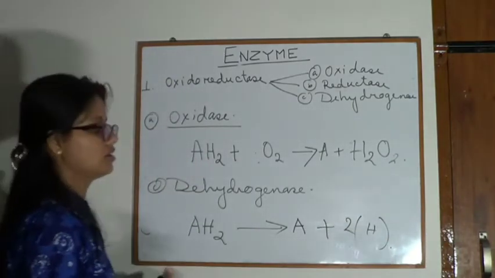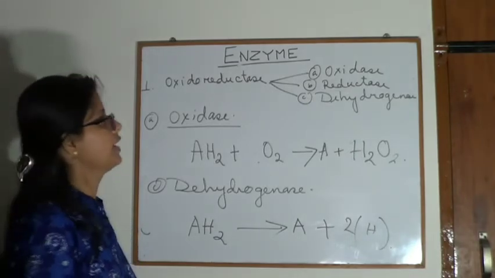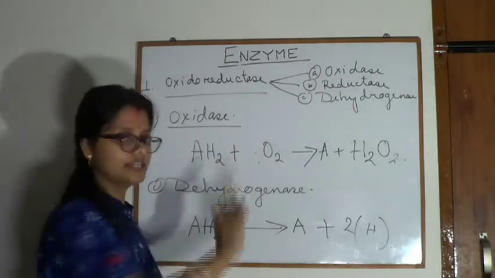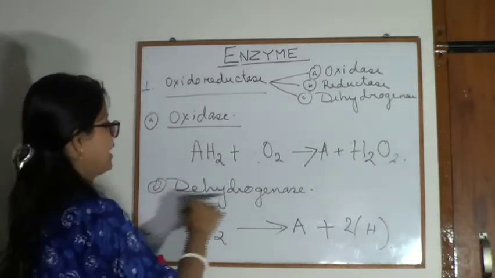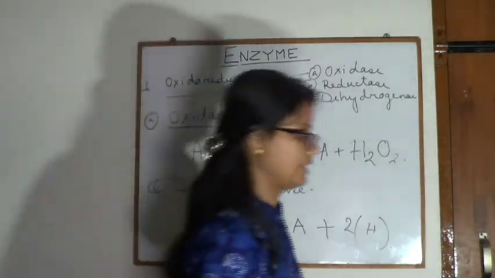So oxido reductase causes oxidation as well as reduction. Oxidase, dehydrogenase and reductase: three types of enzyme.